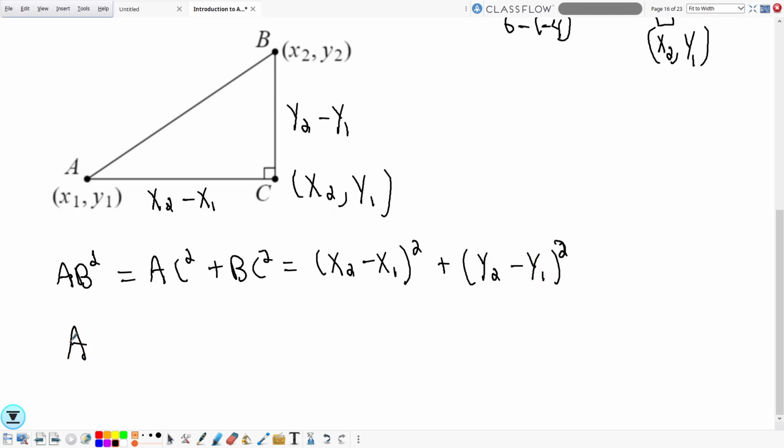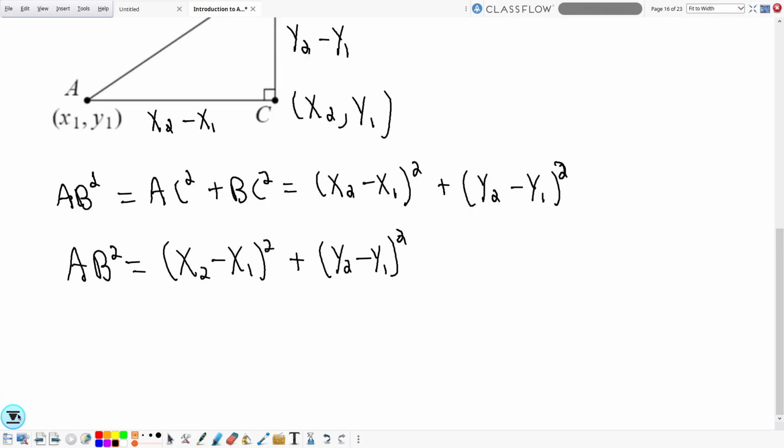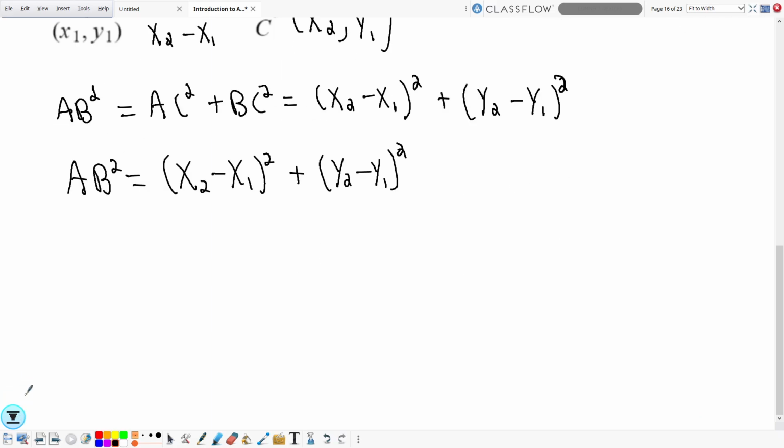So again, we've got AB squared is equal to (x2 minus x1) squared plus (y2 minus y1) squared. And again, I'm trying to solve for AB, not AB squared. So the way to remedy this is to take the square root on both sides. What you do to the left, you also do to the right.